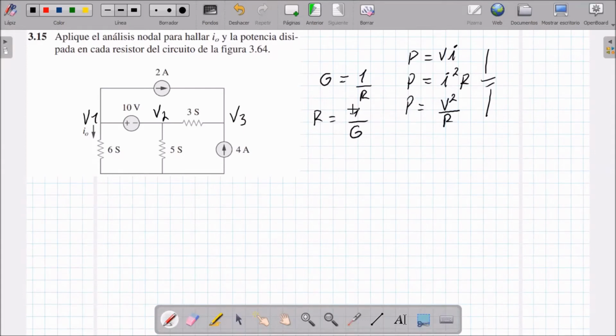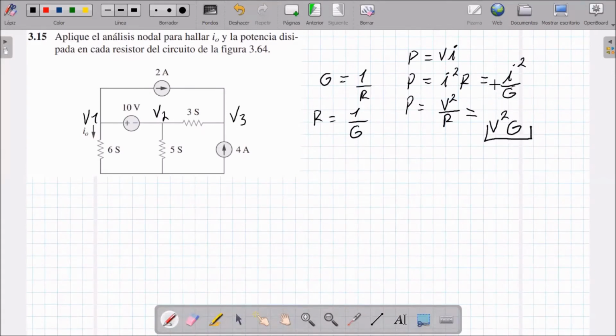So if I replace this here, this equation is going to be I squared over R, because it's 1 over what is I squared over G. And what's here I'm going to put down here, it's going to be V squared times G. Now I can work with conductances.